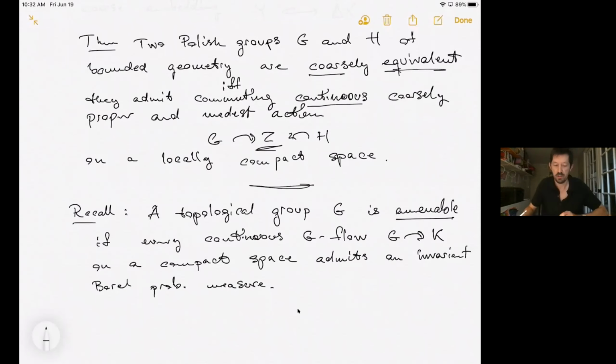So G will preserve some probability measure on K.